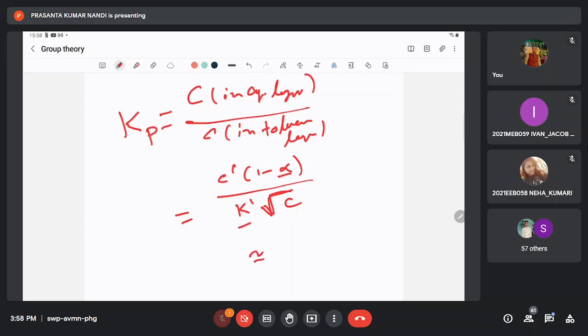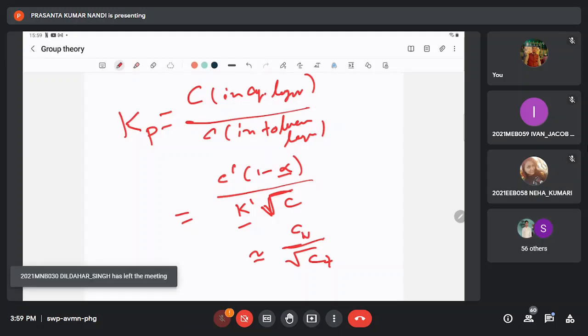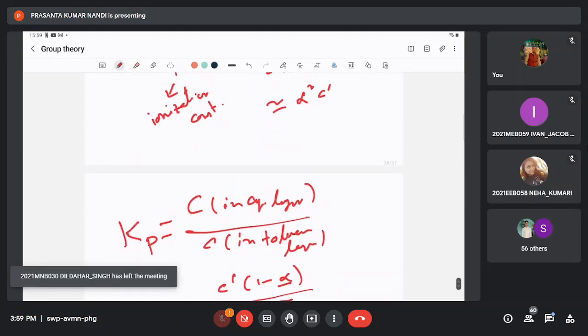So you can write C prime by square root of C. So the partition coefficient expressions, that is C W and C T as we denoted the concentrations. Okay. So is it clear to you?